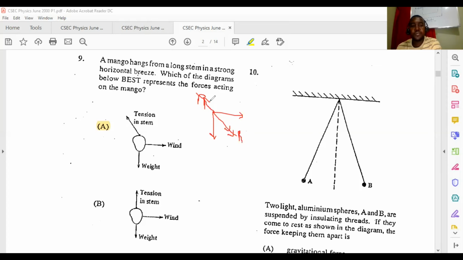There's an equal force, which is your tension force that causes it to remain on its stem. So that means A would be the answer. Yes? All right, so that's A there.